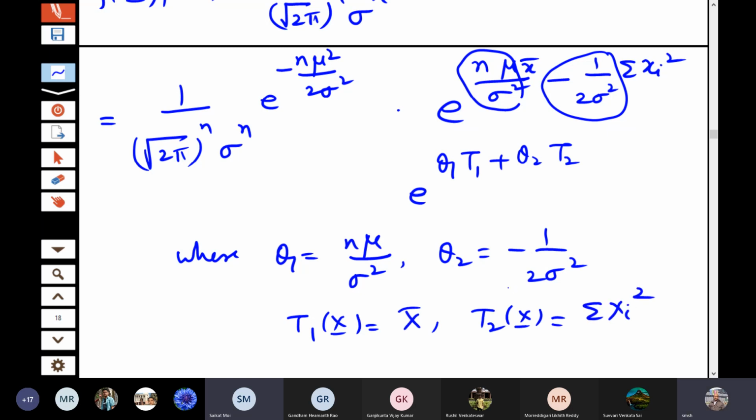Or n x bar you can put both ways, it is all right. Suppose I put this as n x bar or sigma xi.